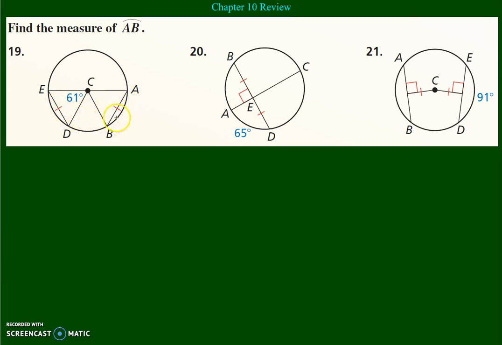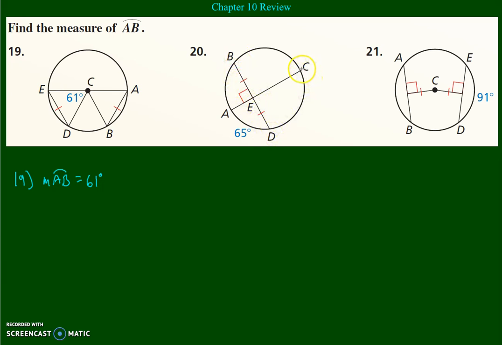Congruent chords implies congruent arcs. So, for number 19, the measure of AB equals 61 degrees.